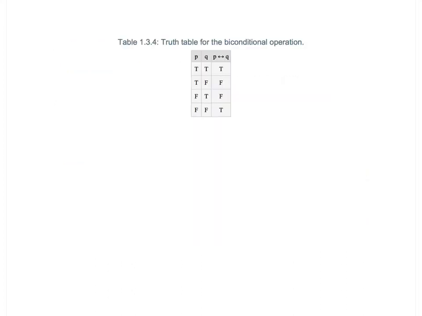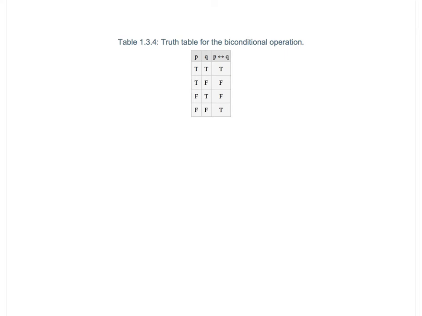So let's see how the truth table of the biconditional operation looks like. Again, as you know, we have two variables, therefore we need four different rows. P and Q can be true, true in the first row, true, false in the second row, false, true in the third row, and false, false in the last row.